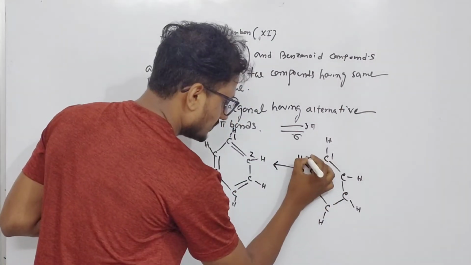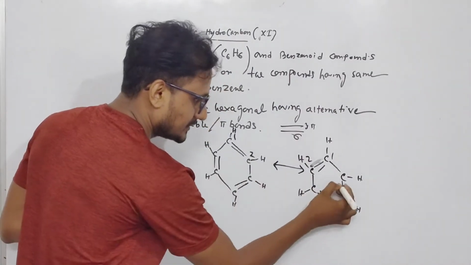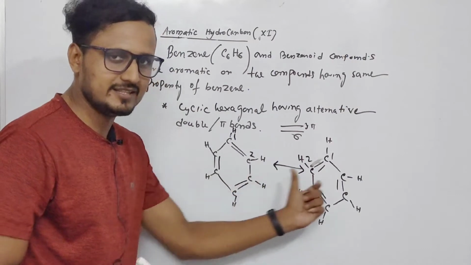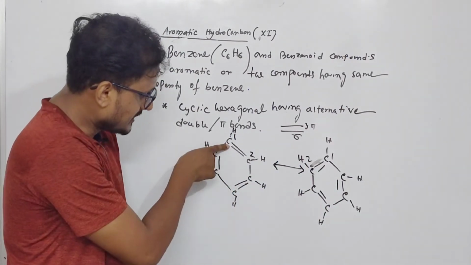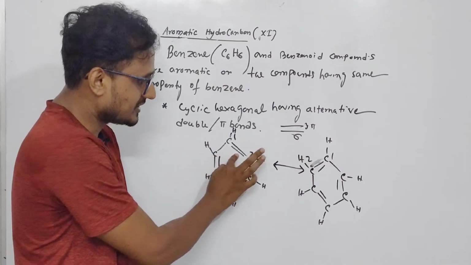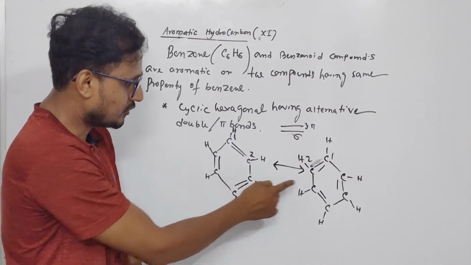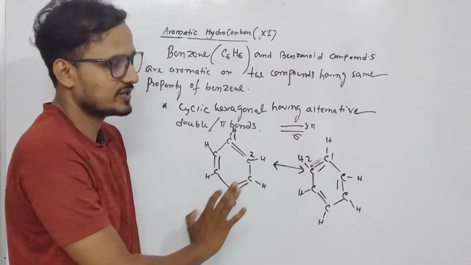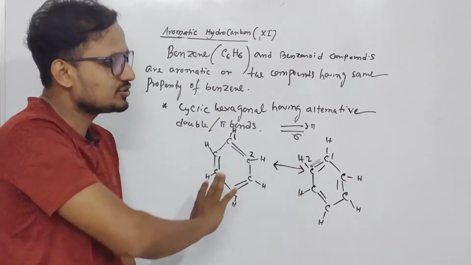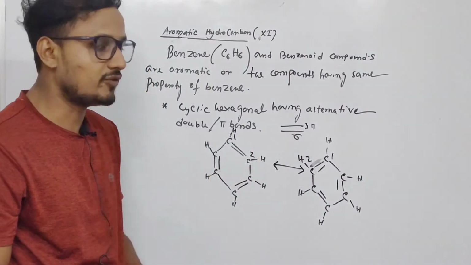Suppose it is 1, it is 2. Then the other pi bond will be placed here and number 3 will be here. So you can see that in these two carbons there is a pi bond, and in the next structure here it is a pi bond, again here, then the fourth one here, and the fifth one here, and the sixth one. So these two structures are the same.